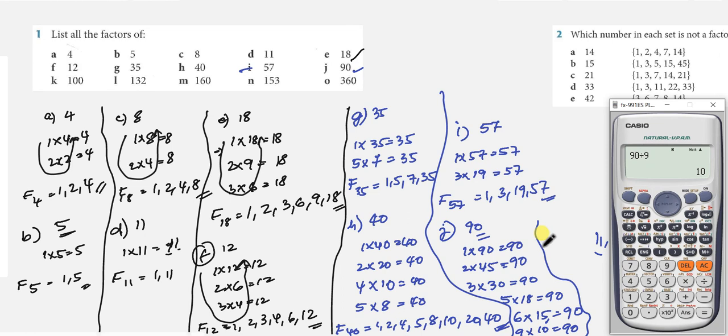So let's see. 90 divided by 11, cannot. 90 divided by 12, still can't. 90 divided by 13, 90 divided by 14, and 90 divided by 15. So again the step repeats. So we end here.